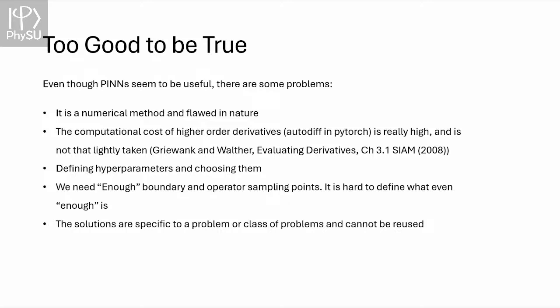And another problem is, during this entire process, during this backpropagation, where we update all of these weights and biases, we're using something called autodiff, which is a pretty remarkable thing to even exist, but it's really, really computationally intensive. And in higher order derivatives, it's going to take an insane amount of time.